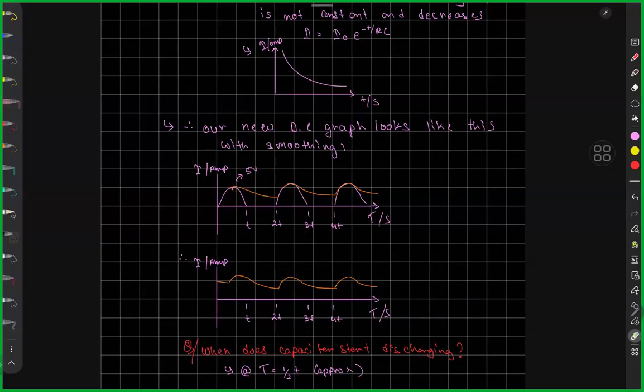Till half T, that is this point, the capacitor got charged up. And from this point onward, the capacitor starts discharging. Agreed? Again, it gets charged from this point, and it starts discharging. Again, from this point it starts charging up, and again discharging.